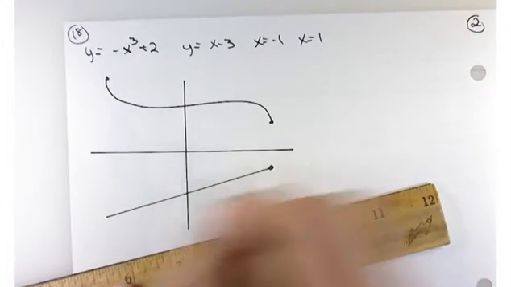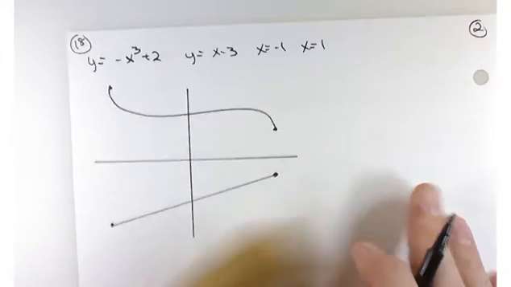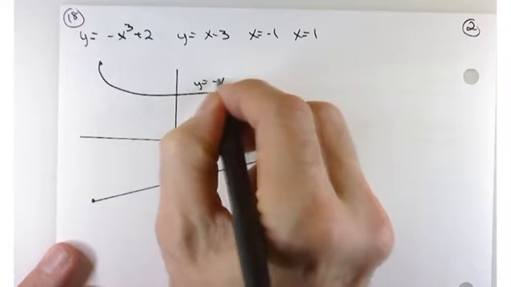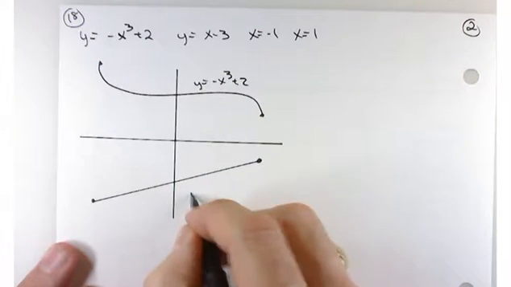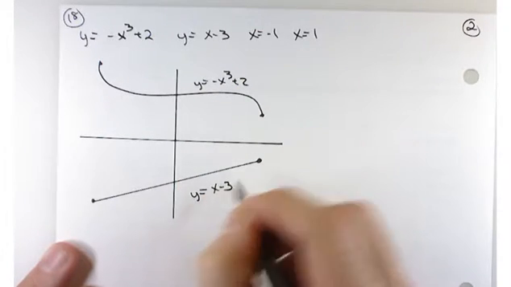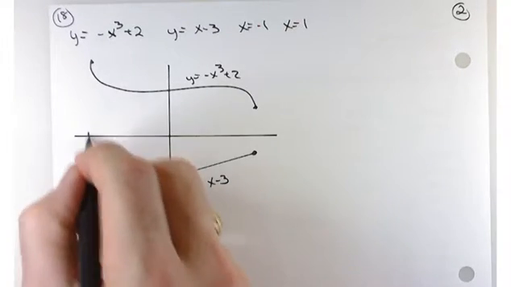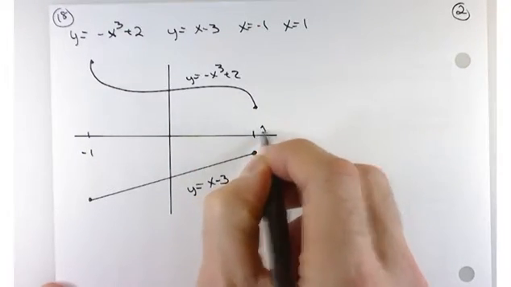So roughly speaking, we're trying to find the area between these two curves. Y equals negative x cubed plus 2 and y equals x minus 3. Not necessarily drawn to scale. Negative 1 to 1.